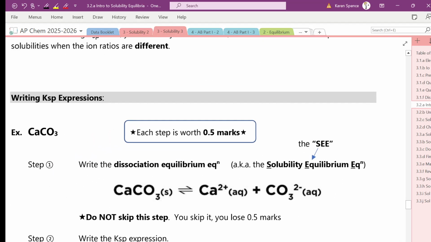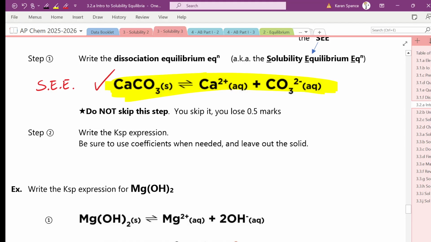And this just lays out for you exactly what you need to show to get full credit. You need to show the solubility equilibrium equation for any KSP type question. You need to show the KSP expression. Could you please, for this question, write the KSP expression?